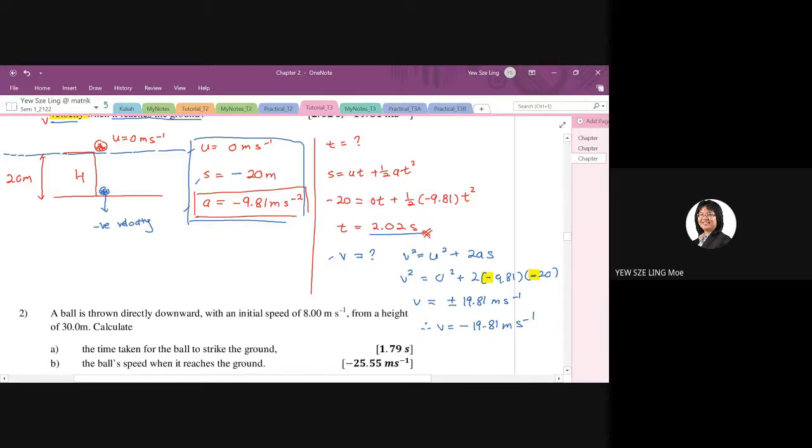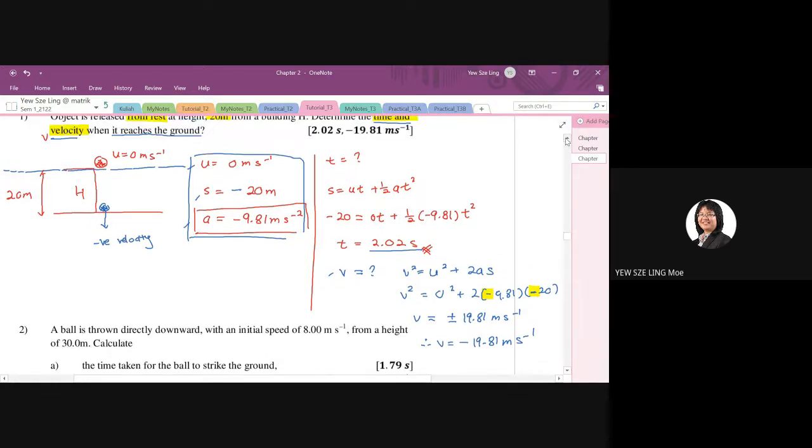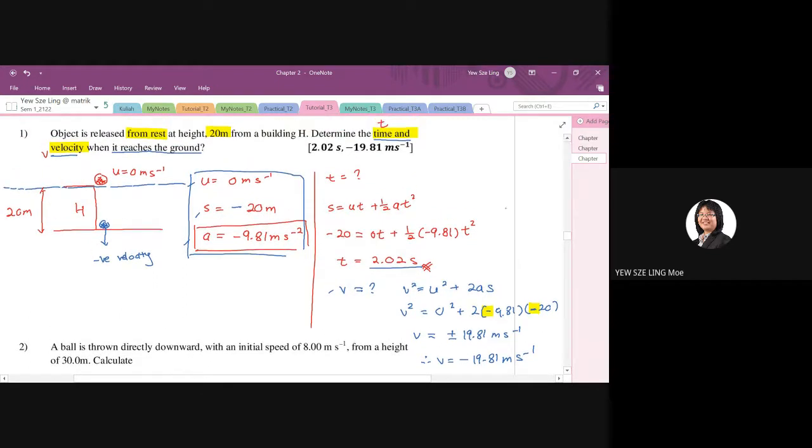The direction is still going down. Therefore, we have a negative V. Okay, therefore we use negative V. So is that clear? How to use positive and negative sign, especially in a vertical motion. So in vertical motion, you need to take into consideration the direction. Horizontal motion is not that important because we use direction of motion as the positive direction.